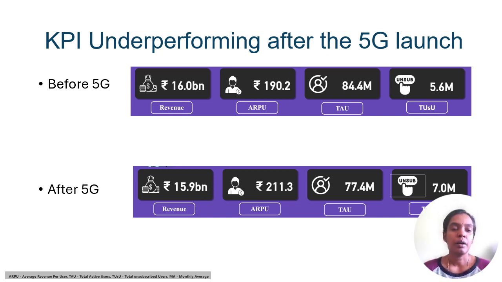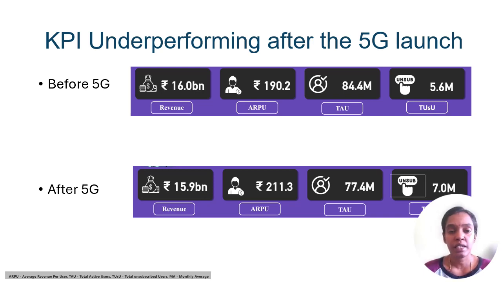The revenue follows a similar trend, but there is only a slight decrease in revenue even though we have lost so many subscribers and the total number of active subscribers has decreased so much. We have managed to somewhat maintain the revenue and it is lagging by a difference of 0.1 billion.